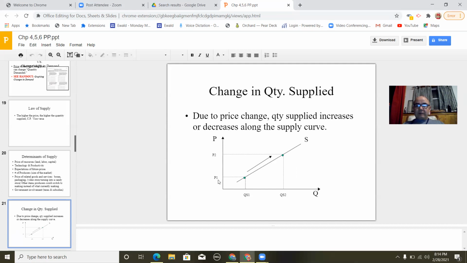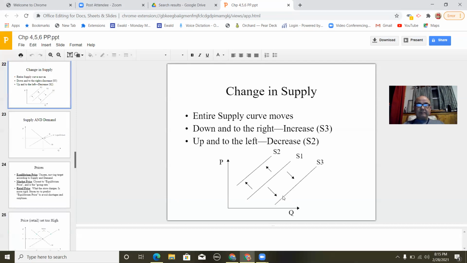And if we find that the market prices have gone up, then as a business, I'm going to want to supply more goods and services to the market at this higher level of quantity supplied, Q2. So that's just like any snapshot in time, price can change quantity supplied.